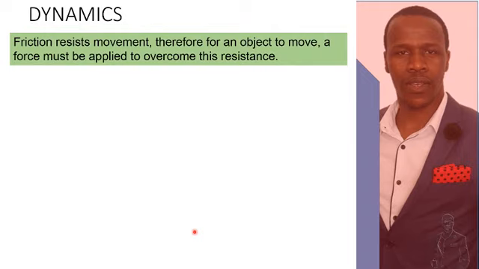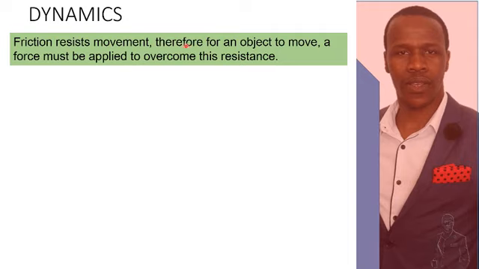We have friction. We have this statement that is very important: friction resists movement. Therefore, for an object to move, a force must be applied to overcome friction, or to overcome this resistance. So that is why we should talk about the forces.